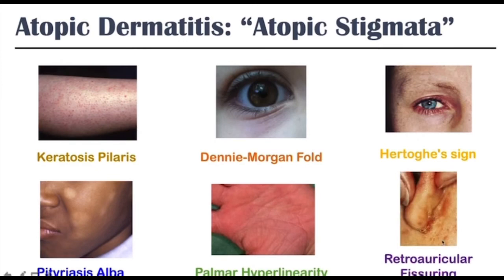So retroauricular fissuring, retro behind, auricular with regards to the ear. So behind the ear you get this fissuring. So if you were to pull back on your ear and look behind your ear, you can see this kind of almost like a chafing or a scarring type effect. And this is again associated with atopic dermatitis, and this can be a skin finding with regards to skin findings we can see with atopic dermatitis.